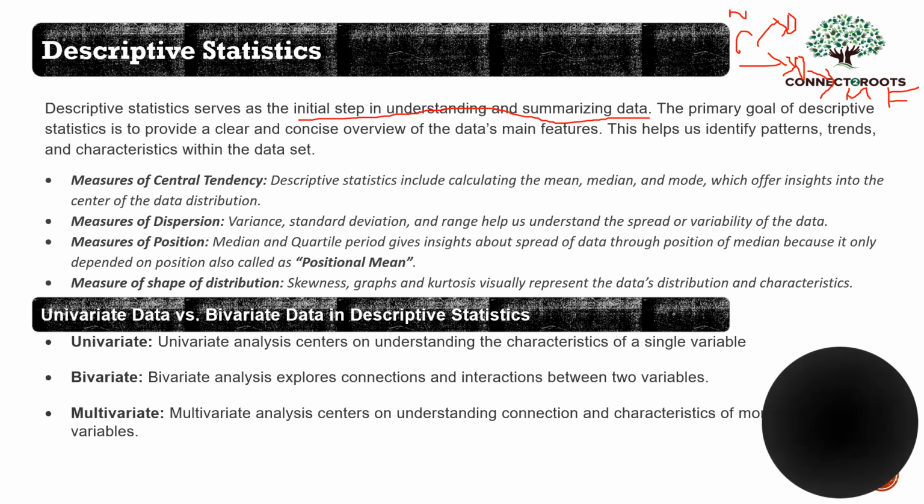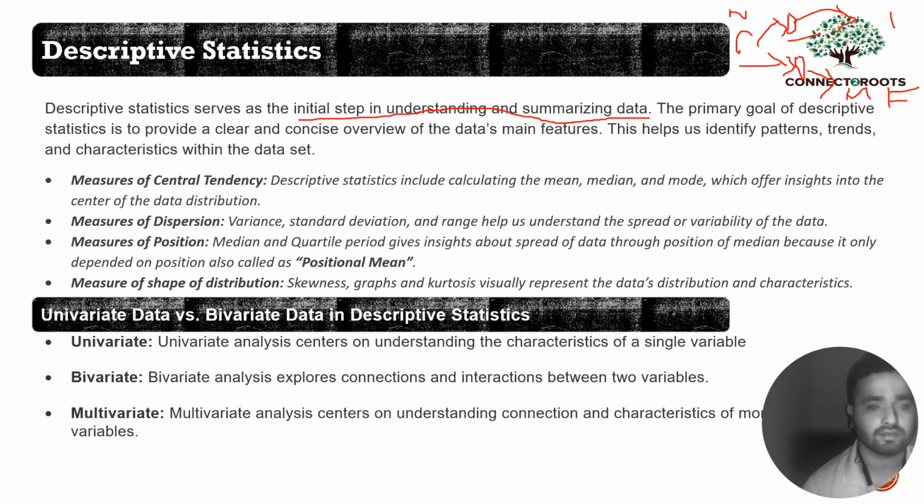Whereas in ordinal, for example, education qualification: high school, then graduation, then postgrad, then PhD. High school will come first, and postgrad will come last. It has an order, so it's ordinal.